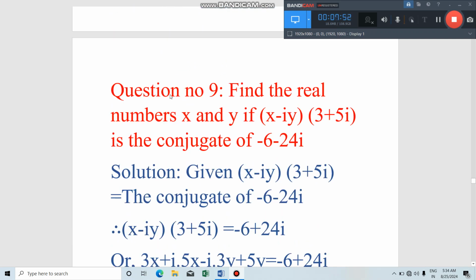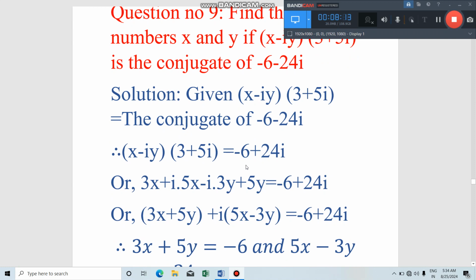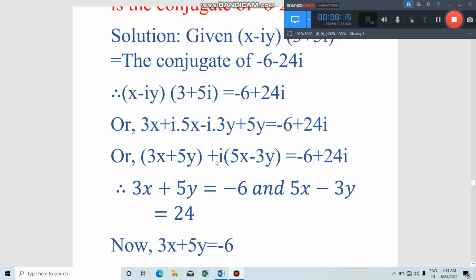Now next, question number 9. Find the real numbers x and y if (x − iy)(3 + 5i) is the conjugate of −6 − 24i. So here is the solution. Given (x − iy)(3 + 5i) equals the conjugate of −6 − 24i. Therefore (x − iy)(3 + 5i) equals −6 + 24i.